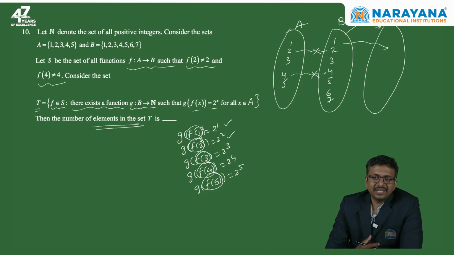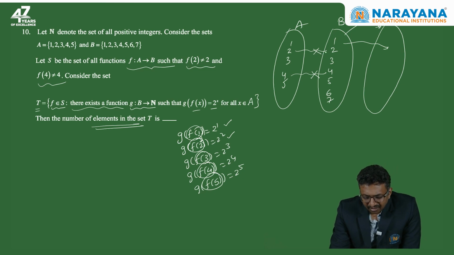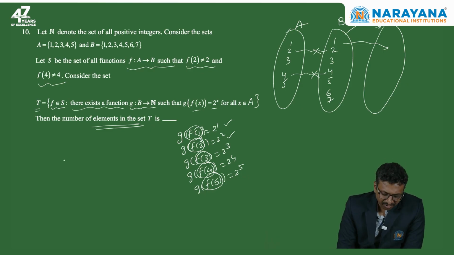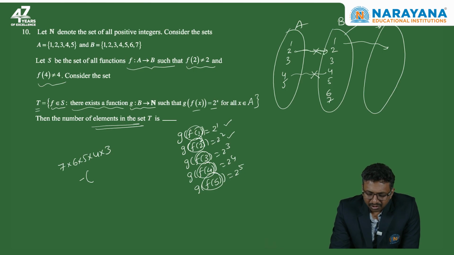So how many elements are there in T? That's the question. So how many 1-1 functions are there where f of 2 is not equal to 2 and f of 4 is not equal to 4? We can use the inclusion exclusion principle. The total number of 1-1 functions is 7 into 6 into 5 into 4 into 3. So the total number of 1-1 functions minus the number of functions where 2 goes to 2.